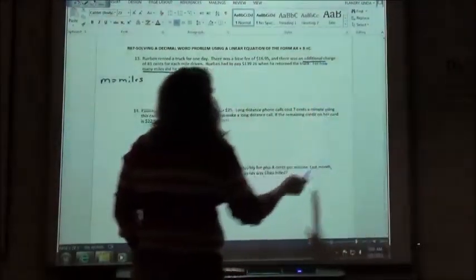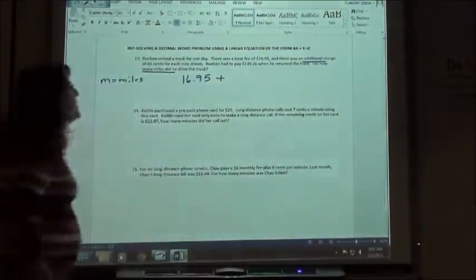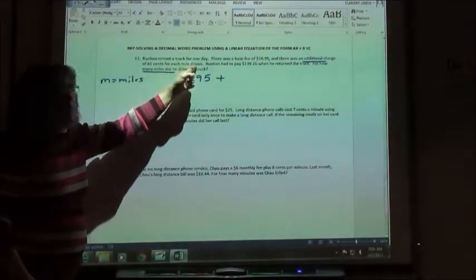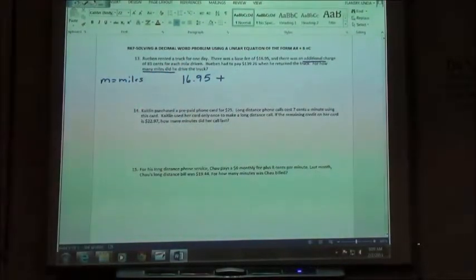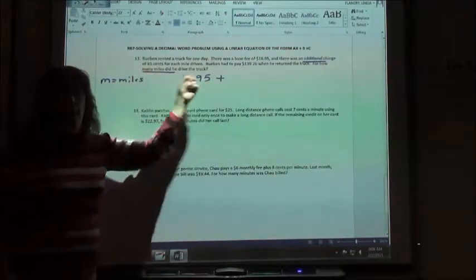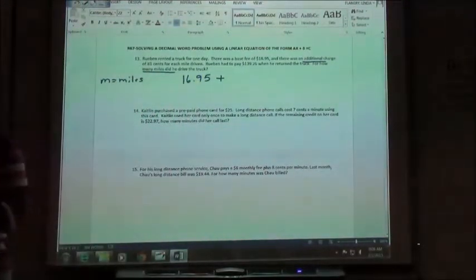There was an additional charge. That tells me I'm going to add. My additional charge is 81 cents for each mile driven. So I'm taking 81 cents times the number of miles I drive. Be careful here when you write 81 cents down because this is in dollars. How do I have to write the 81 cents? 0.81, right.